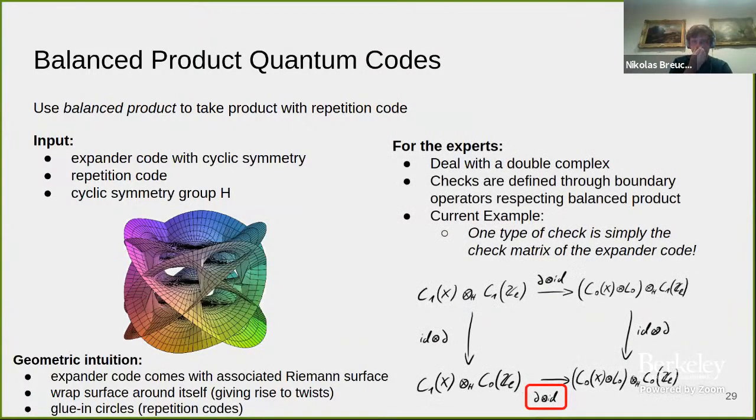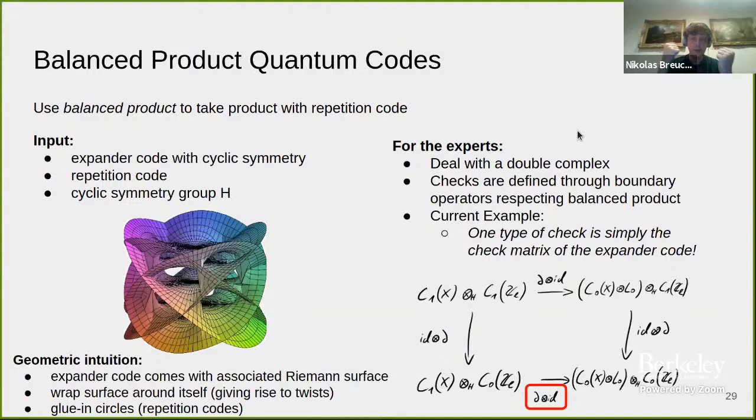And just for the experts, people who are more familiar with the homological description, what we actually deal with is called a double complex. And in this double complex, our checks are defined through boundary operators.